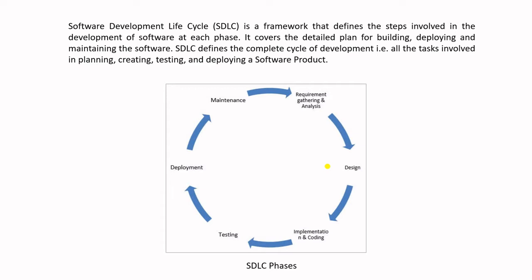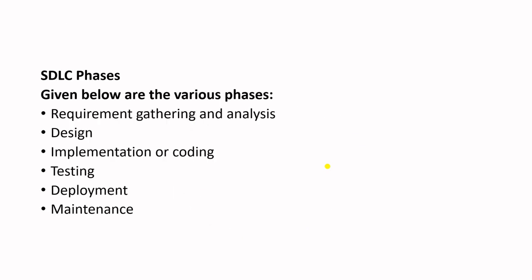So all these phases are known as SDLC phases. Okay, SDLC phases, these are the various phases: requirement gathering and analysis, design, implementation or coding, testing and deployment and the maintenance.